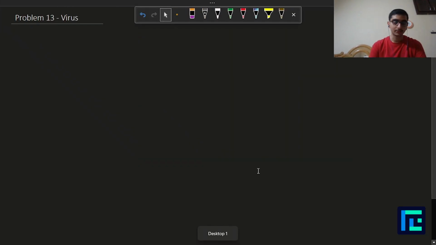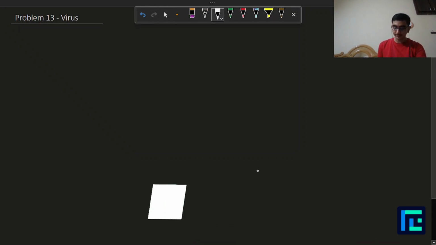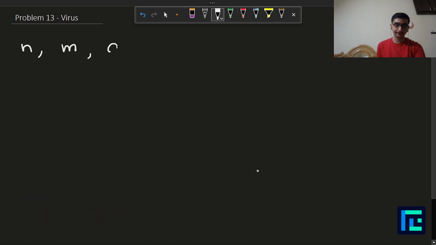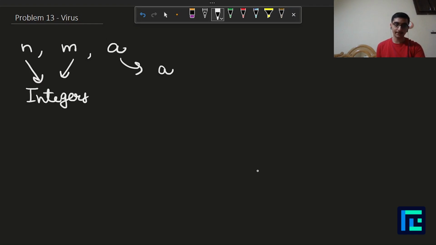Right. As we have read the problem statement, we can move on to understand it. So for every test case, it is given that we have three things, n, m, and a. So n and m are integers and a is an array.